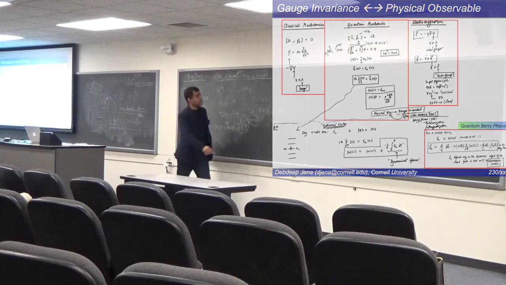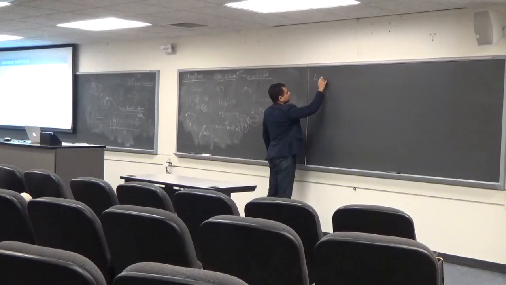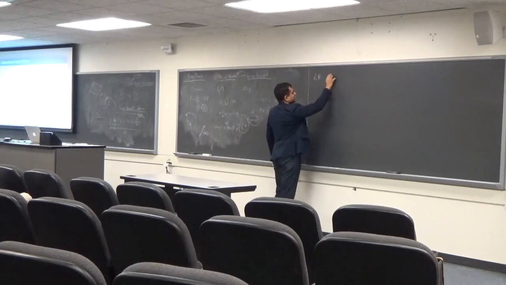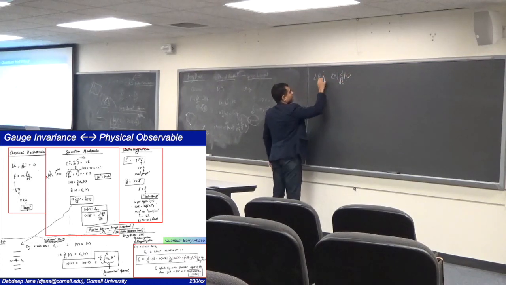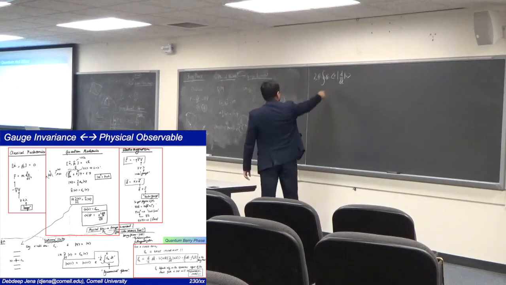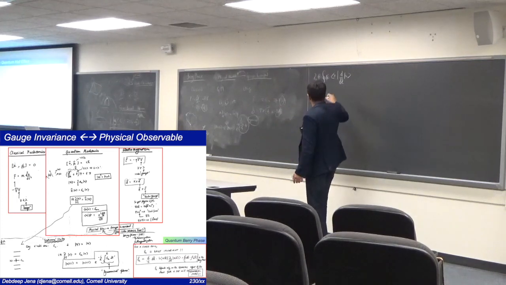And that phase, I'll just write it down now, is basically a path-dependent phase, and it looks like this. A closed path. So what is this R? It could be the surface of a sphere. You're going around a closed path on the surface of a sphere. Typically, it will be the surface of a sphere.